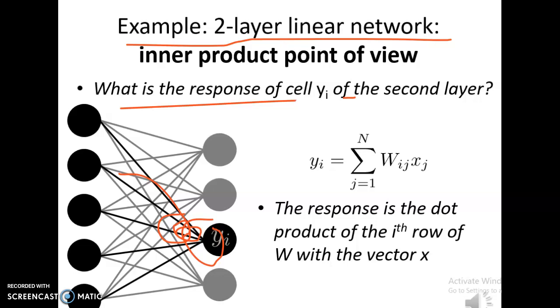This is the ith row of W with the vector x, the multiplication with summation of Wij with xj.